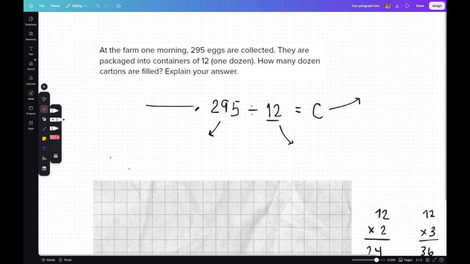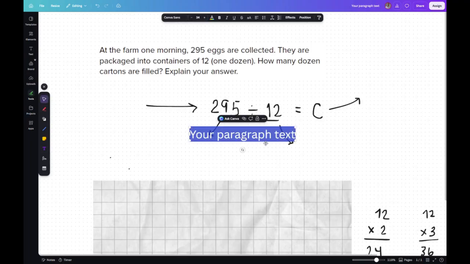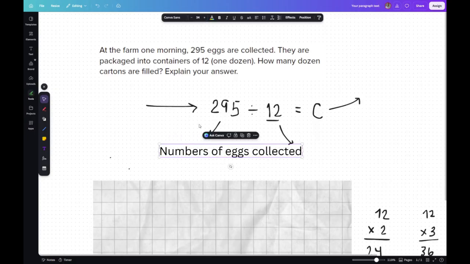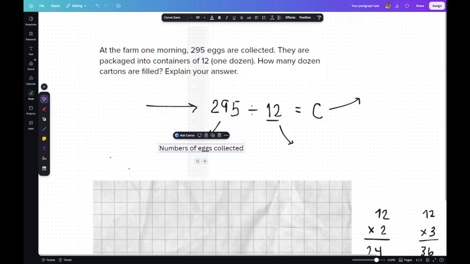We need to divide the number of eggs because we need to package in groups of 12, and I represented here the letter C. That's going to tell me how many cartons can be filled. So 295 is going to represent the numbers of eggs collected.